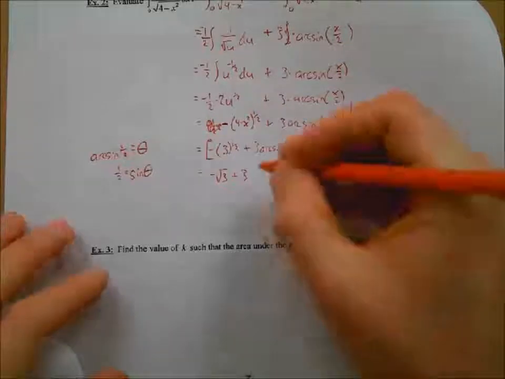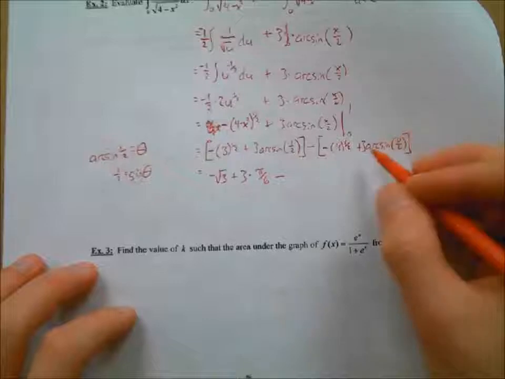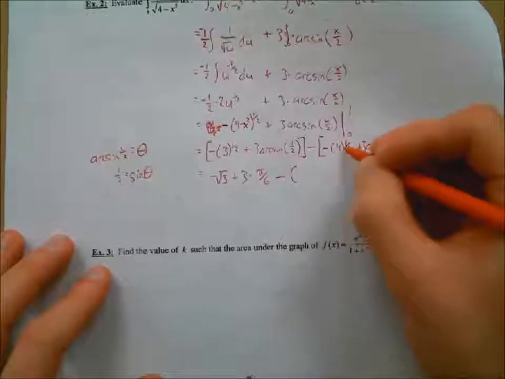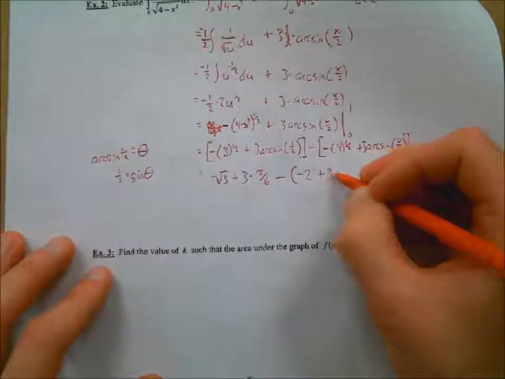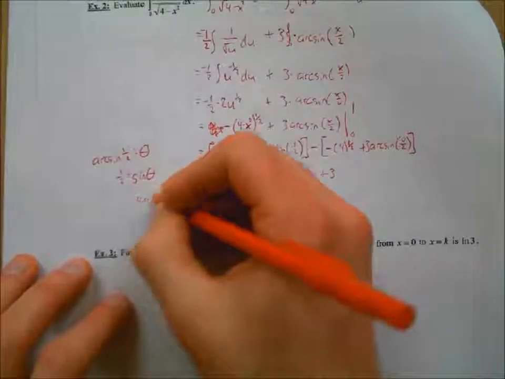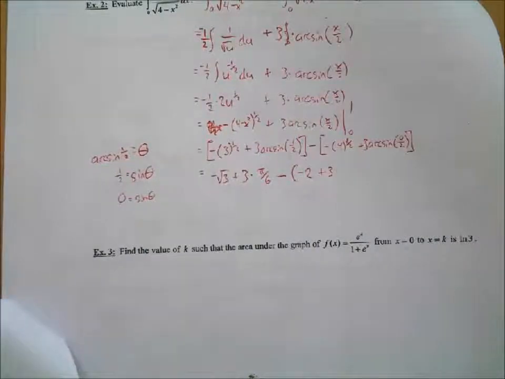So it's 3 times pi over 6, minus, and then 4 to the 1/2. That's easy. It's going to be 2. So it's going to be a negative 2 there. Plus 3 times arcsine of 0, or in other words, sine of what gives us 0? 0. So it'll just be times 0 there.